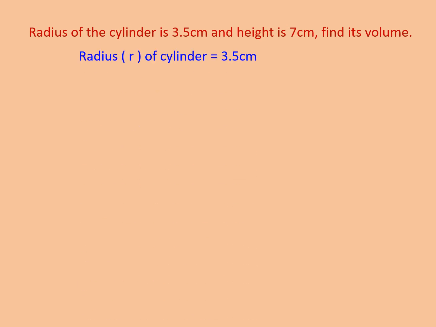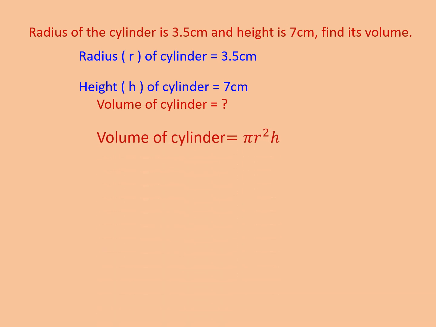The volume of a cylinder is pi r square h. As you know, pi r square is also the formula to calculate the area of a circle, and that is why the area of a circle is related to the volume of a cylinder.